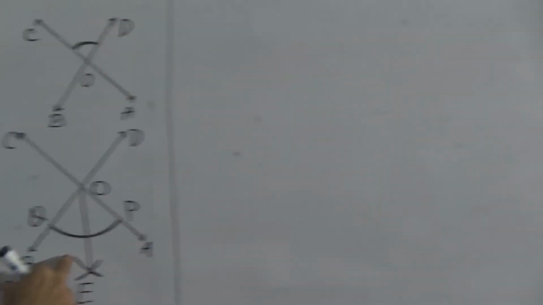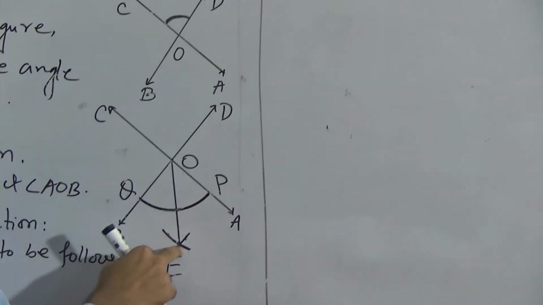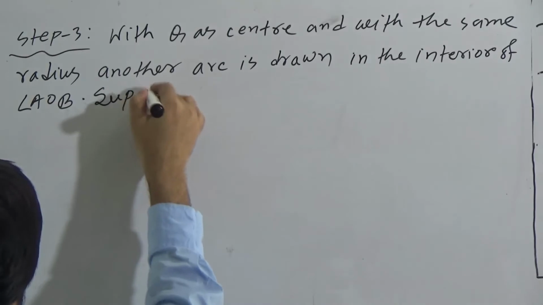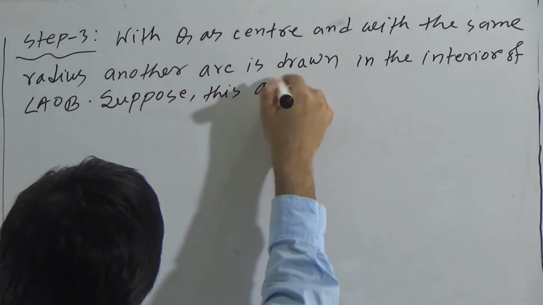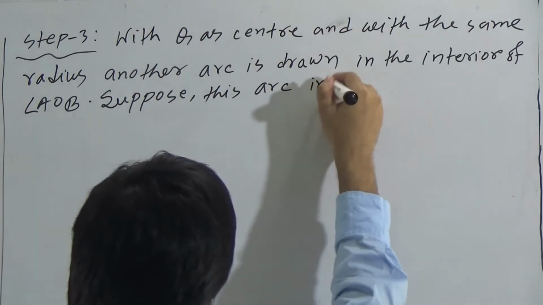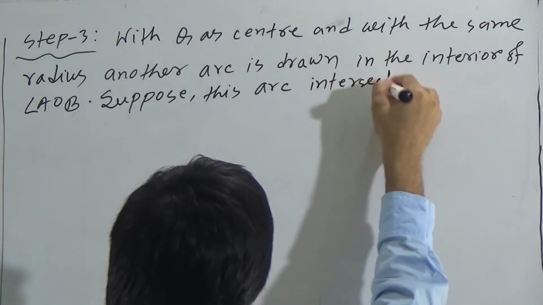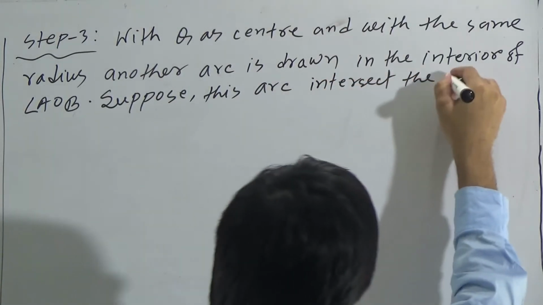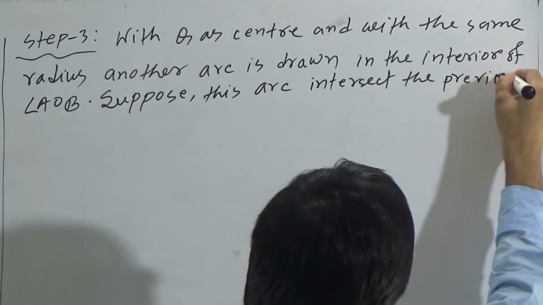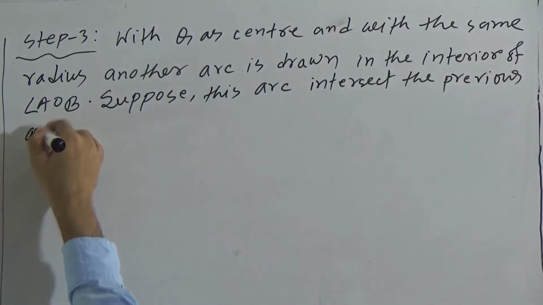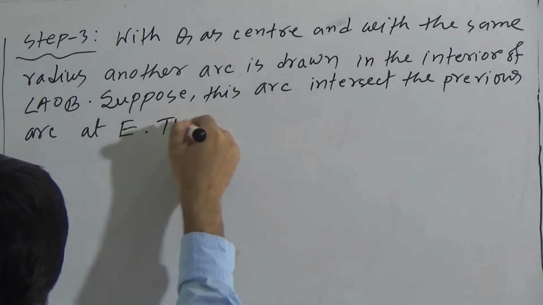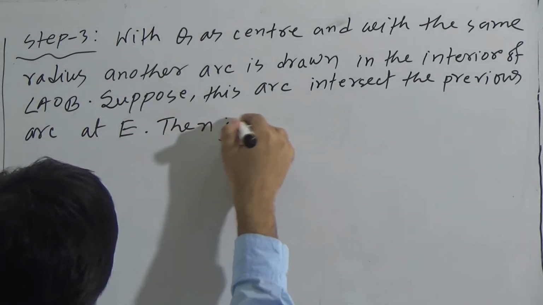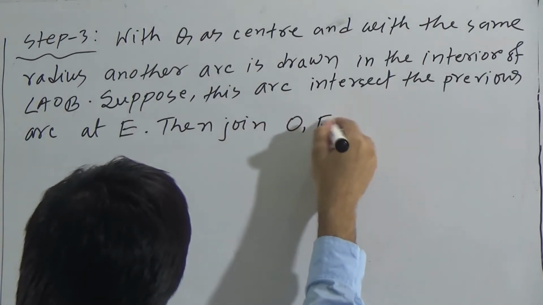Now these two arcs intersect each other at E. So we can say, suppose this arc intersects the previous arc at E, then join OE.